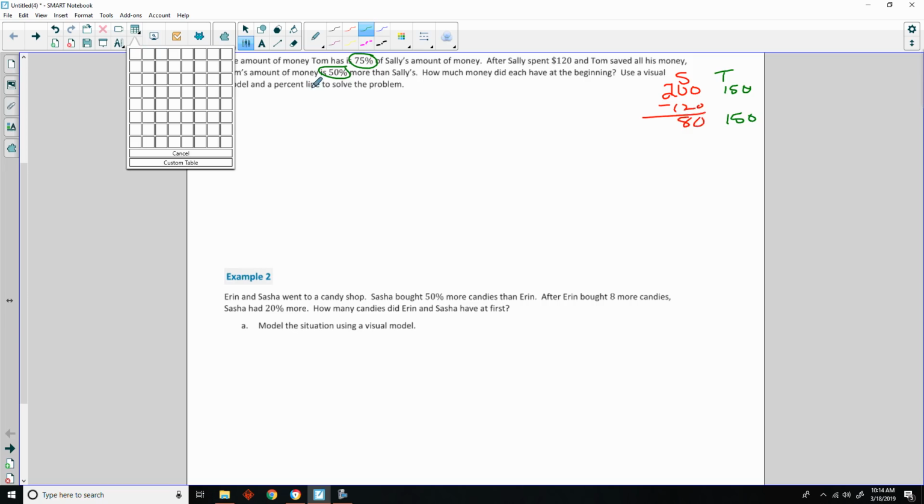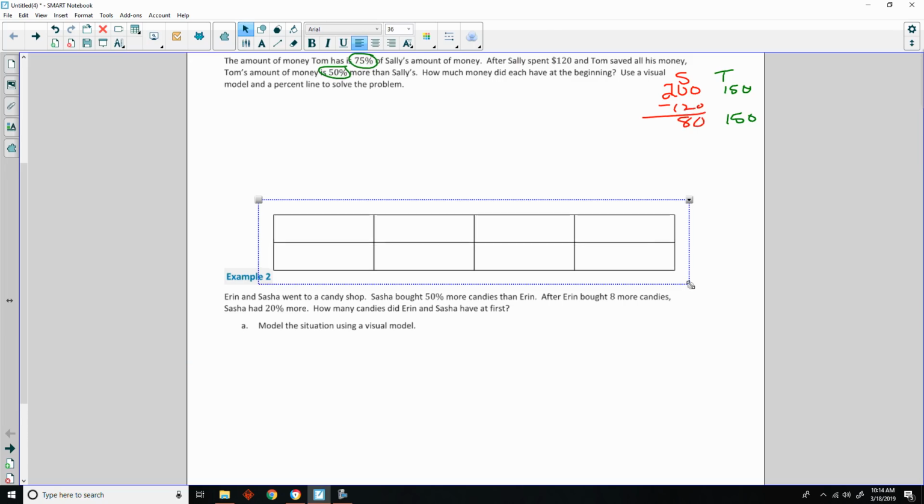So it says to use a visual model and percent line to solve the problem. So if I have two people, I'm going to use a table with one square representing Sally, one representing Tommy, and that would be 25%, 50%, 75%, and 100%.